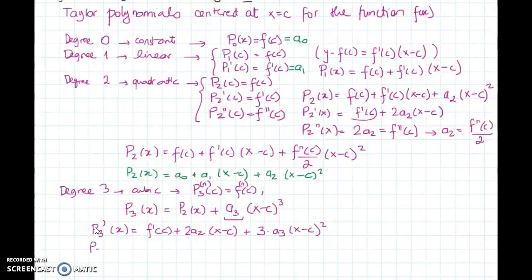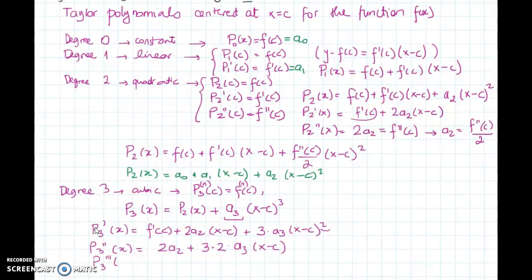Let's take the derivative one more time. Now the constant is gone, so we're going to have 2 times A2 plus 3 times 2 times A3 times (x minus c). The 2 is coming from taking the derivative of the binomial (x minus c) to the power of 2. And let's take the third derivative.